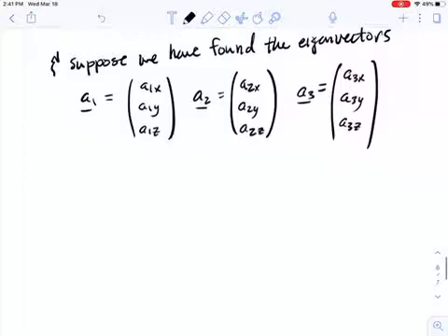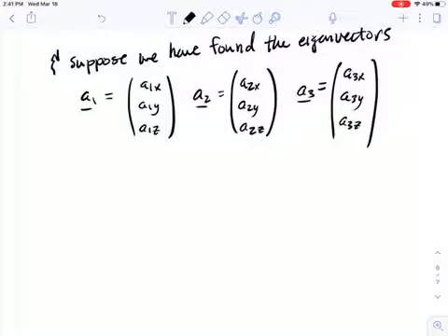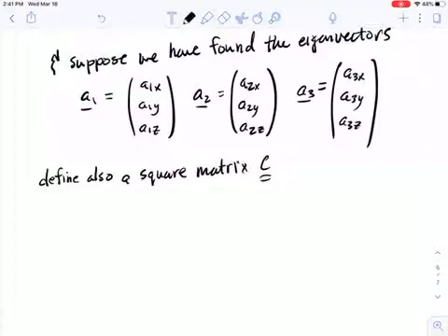Okay, so let's take those eigenvectors and use them to construct a square matrix that I'm going to call C. So let's define a square matrix C in terms of our eigenvectors.